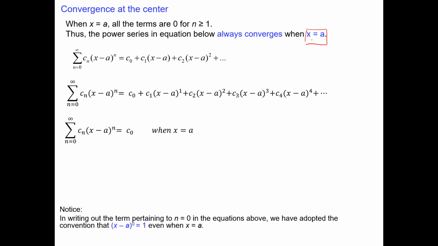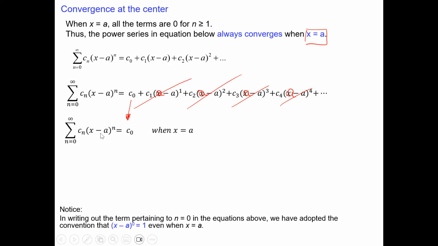Let's say x is a. That means this will be a, this will be a, and this is 0, 0, 0, 0. Only one term, the first one, will stay because it doesn't depend on the variable x.